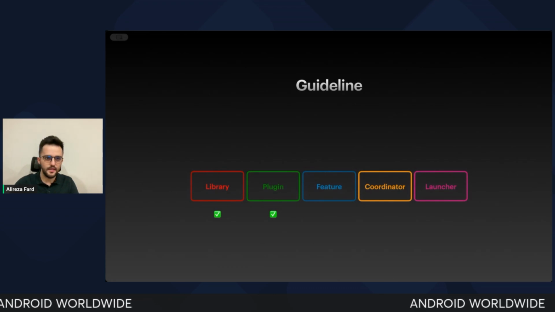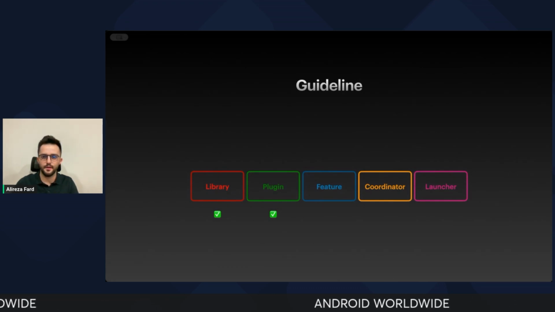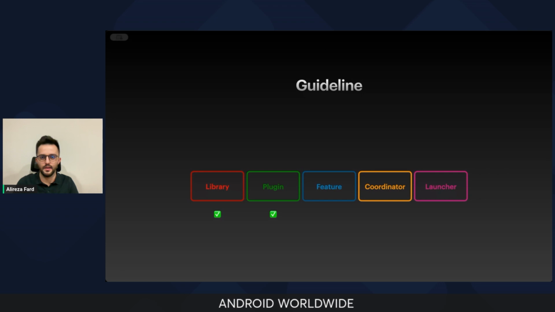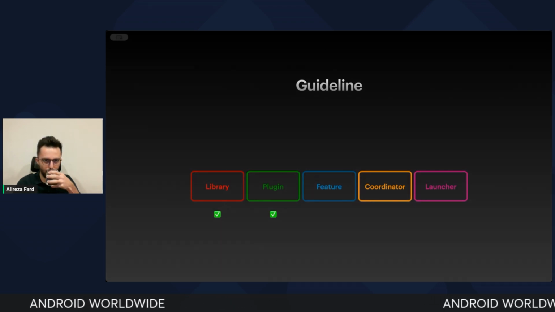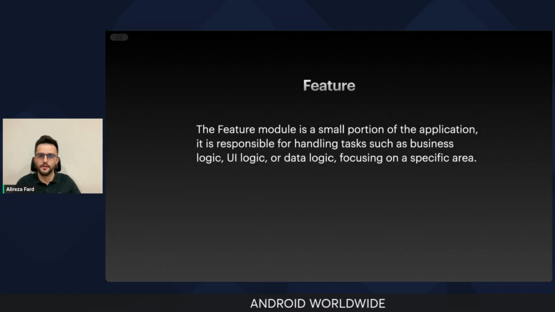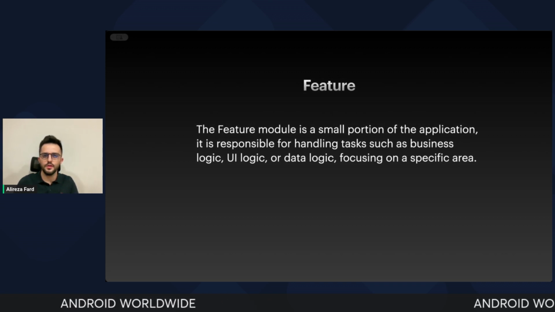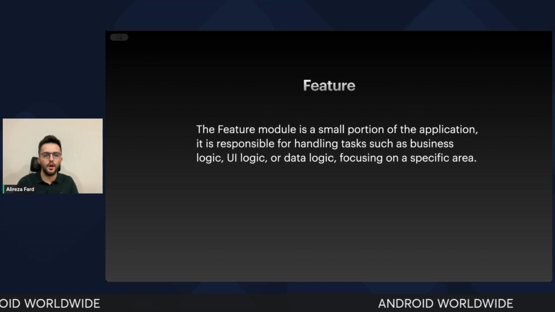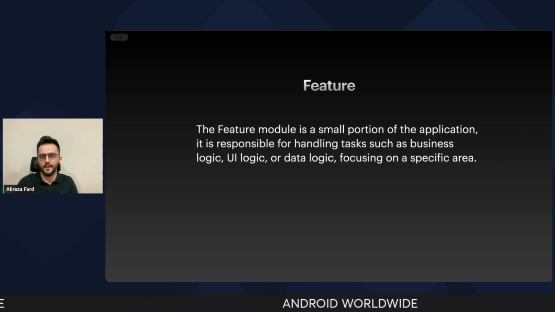So until here, we covered libraries and plugins, and the next part is our feature modules. Feature modules are a small part of our application. Usually they contain UI logic, data logic, and domain logic, business logic.